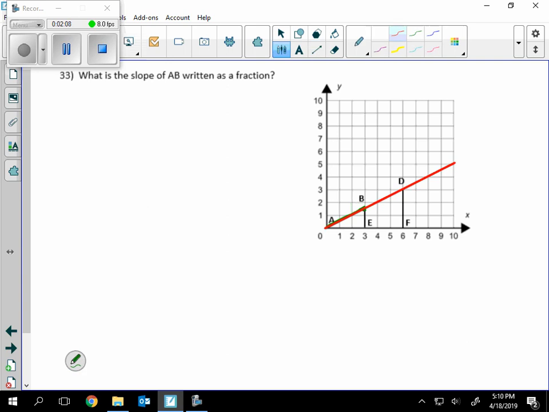So I think I'm going to go find the slope from A to D. It'll be the same slope. When I rise 3, I'm running forward 6. So my slope is 3 over 6, which is 1/2.